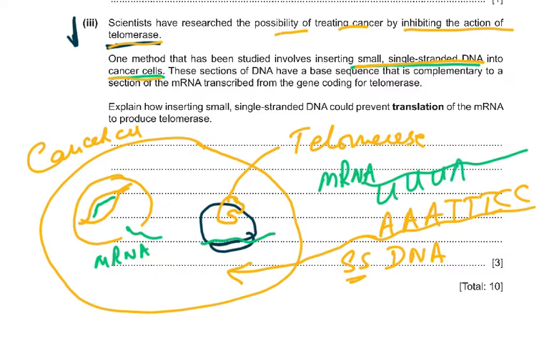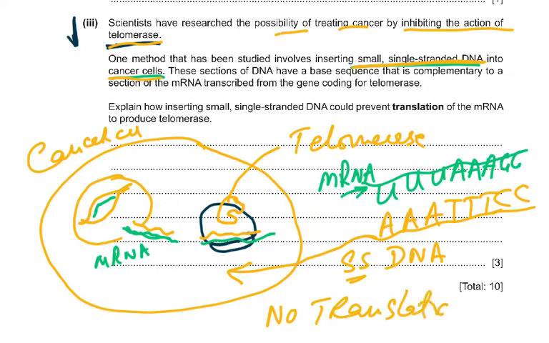U, A, G. Now, when this mRNA comes out, look how it's going to be very clearly understood. This mRNA, when it comes out, these single-stranded DNAs are going to attach to it. So there is going to be no translation.